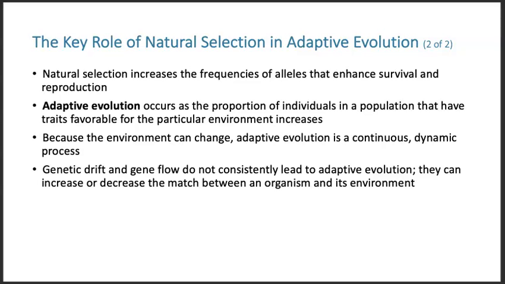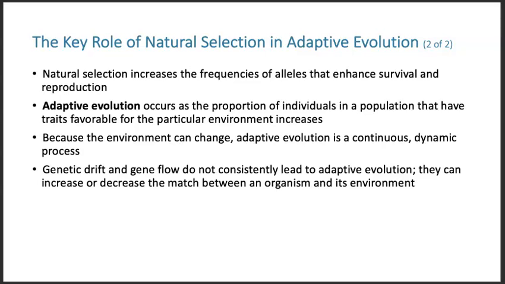Because the environment can change, though, adaptive evolution is continuous. It's a dynamic process. It never stops. There's not one environment that isn't constantly changing to one degree or another. It could be from season to season or year to year, or it could be something as dramatic as global climate change that we're going through right now.